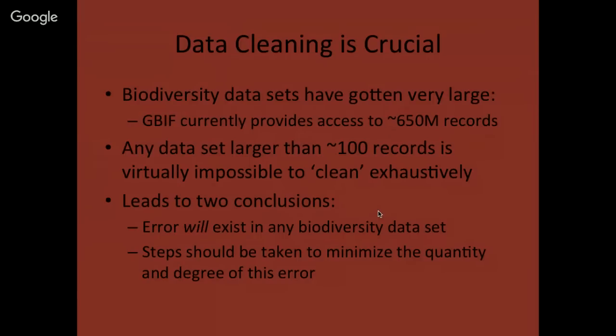Okay, it's a huge, monstrous, immense data set. And I would posit to you that any data set that's bigger than about 100 records is essentially impossible to clean exhaustively. Yeah, we can do a very good job of cleaning a data set, but we probably won't get to every single last possible error.